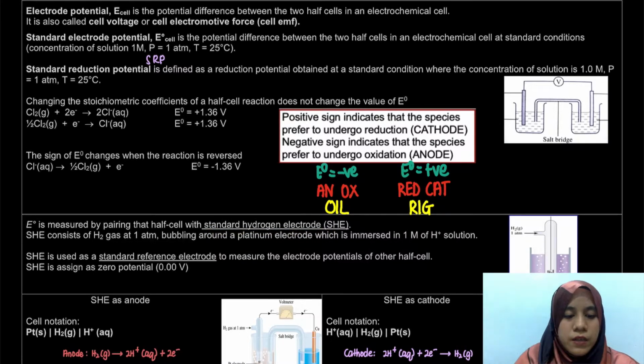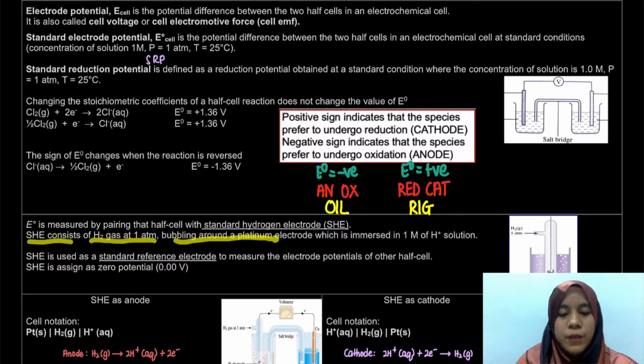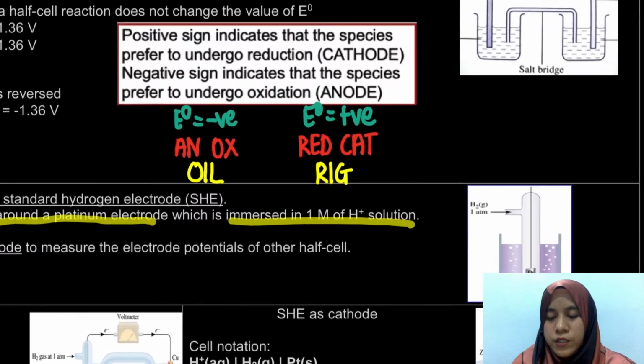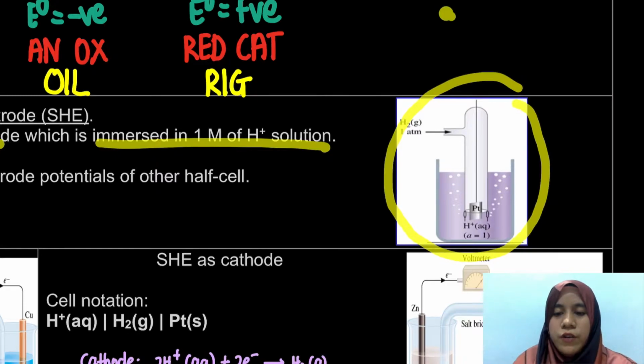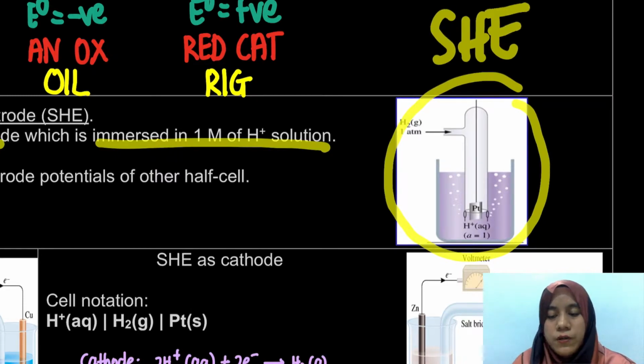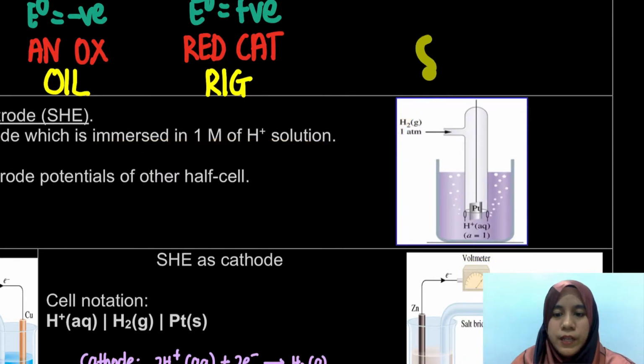The standard hydrogen electrode consists of hydrogen gas at 1 atm bubbling around a platinum electrode which is immersed in 1 molar hydrogen ion solution. Here is the example of the half cell of your SHE. For a half cell, we do need a solid electrode.